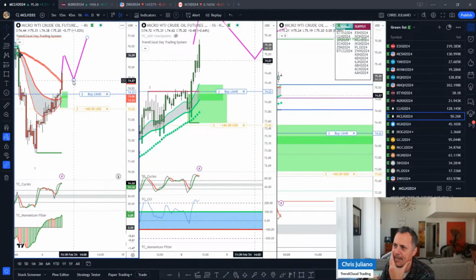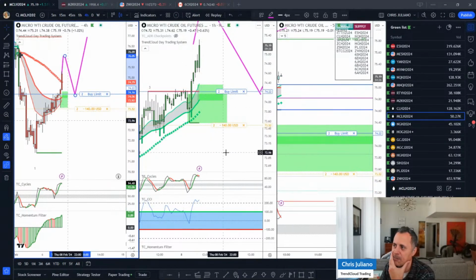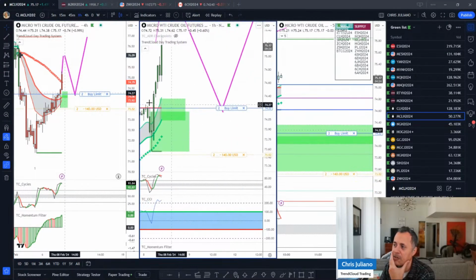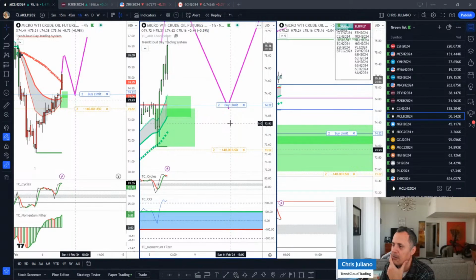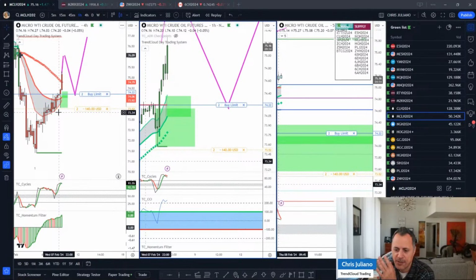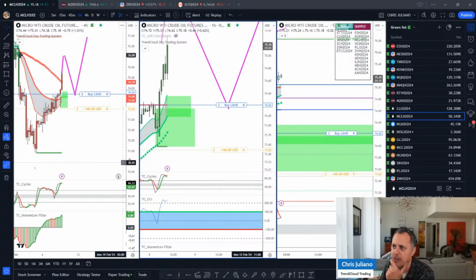So I don't like the fact that this is going to pull back deep like this on the high time frame. But on the lower time frames, it's perfectly legit. So you just have to pick one. That's it. You don't know what's going to work, what's not going to work. You don't have to, right? You just trade what you see.